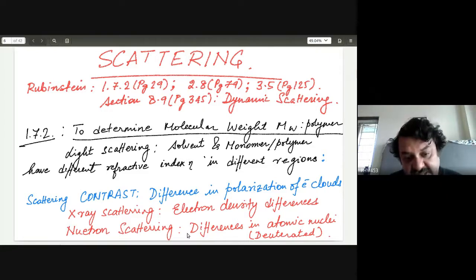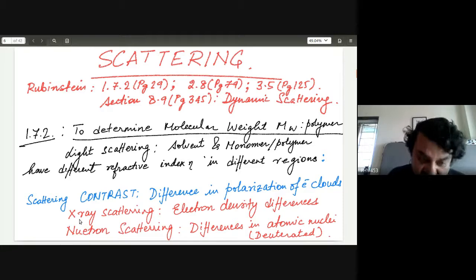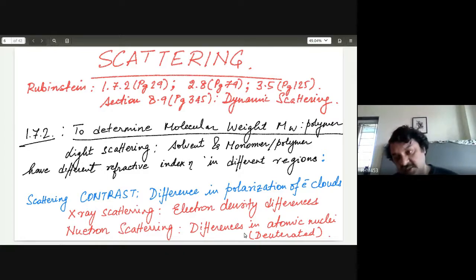In each of these cases, the solvent and the monomer of the polymer have different electron density, due to which you get X-ray scattering. Scattering is different from the solvent regions and the monomer regions. And in neutron scattering, there are differences in the atomic nuclei for the solvent region and the monomeric region.